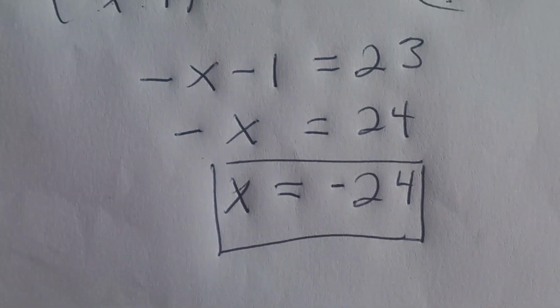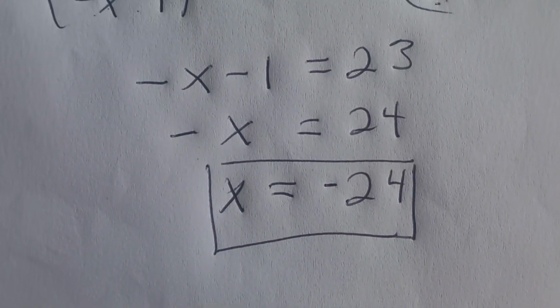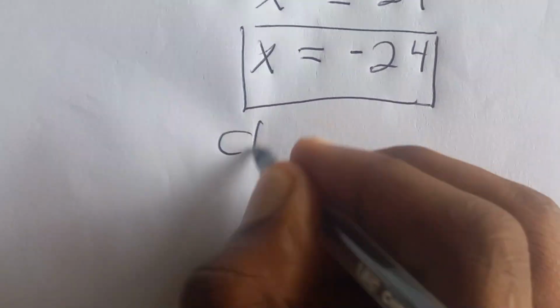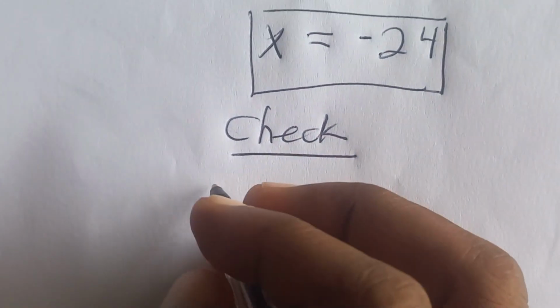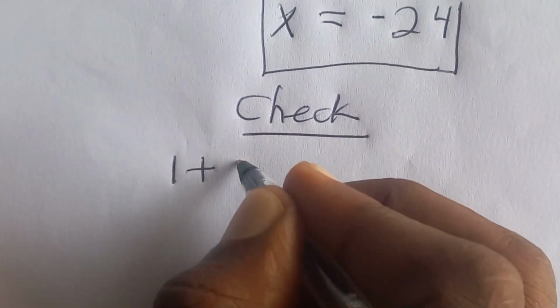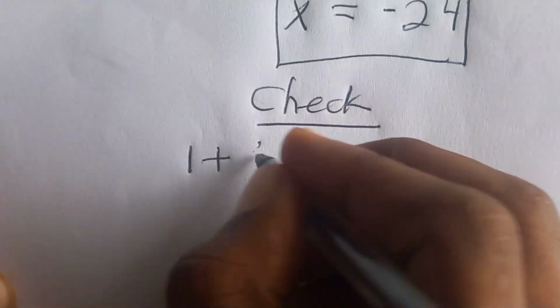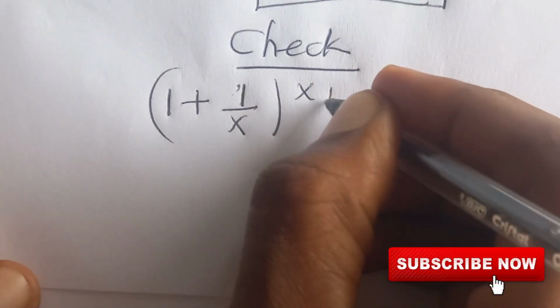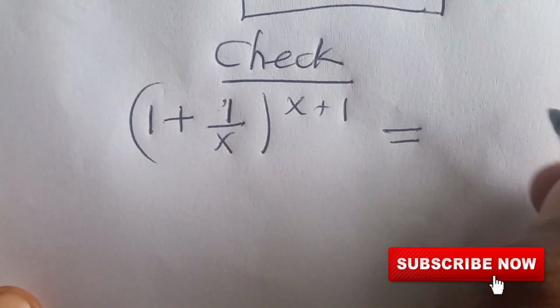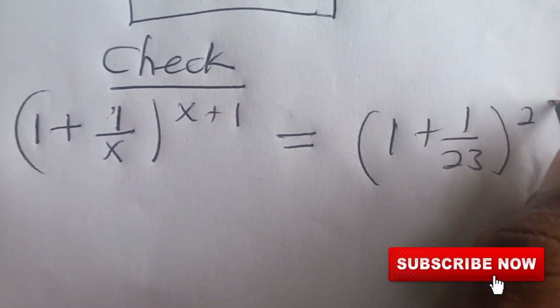Now let us verify to see if what we have found satisfies the equation. So let us check. We have (1 + 1/x) exponent x plus 1, which is equal to (1 + 1/23) exponent 23.